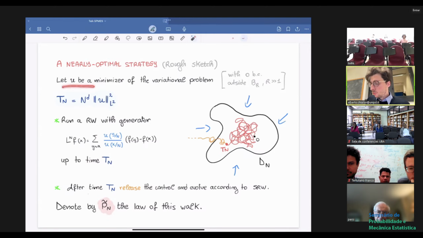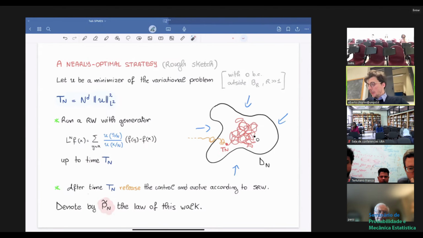So we take U to be the minimizer for the variational problem. Actually, we look at the variational problem with zero boundary conditions outside a very large box for technical reasons. And then we introduce some time horizon Tn, which is of the volume order times the L2 norm of the minimizer.